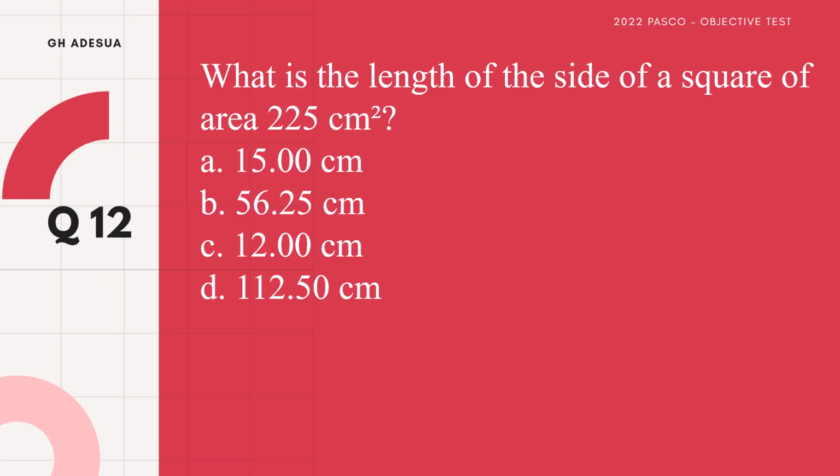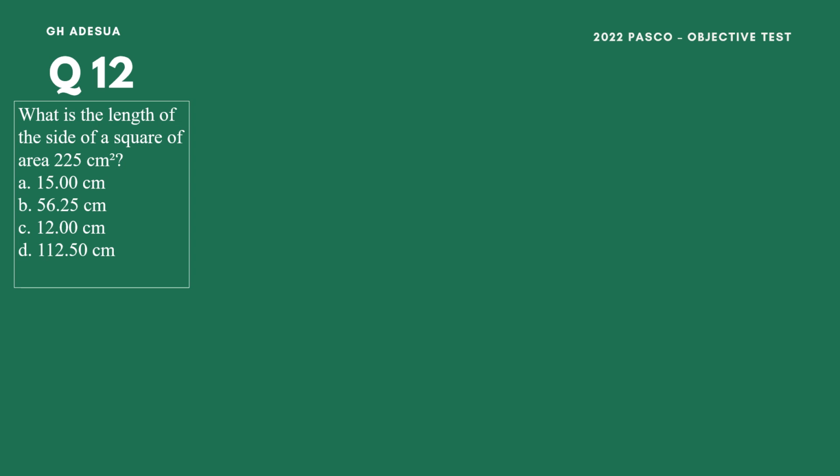Which says, what is the length of the side of a square of area 225 centimeters squared? If we consider this question, what is the length of the side of a square of area 225?